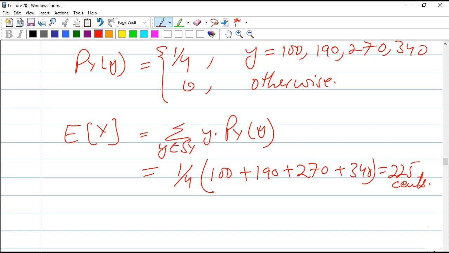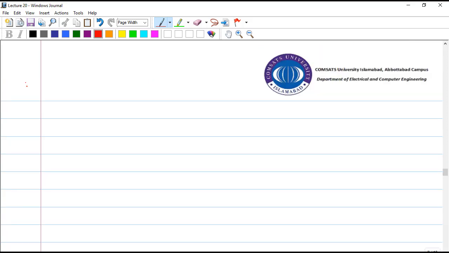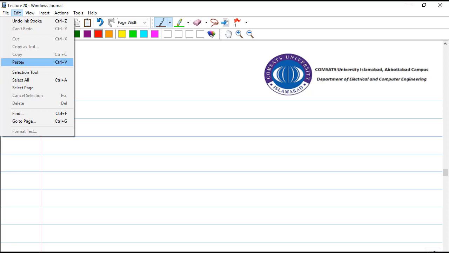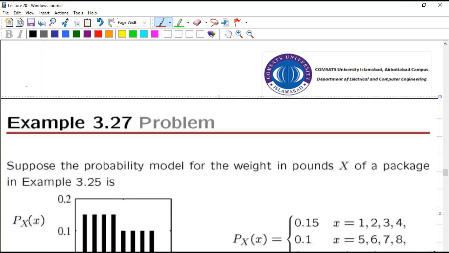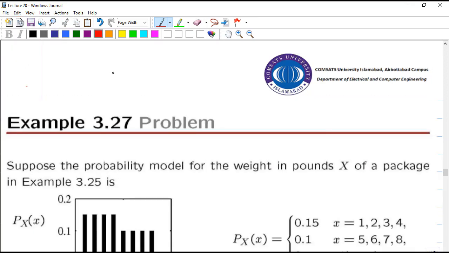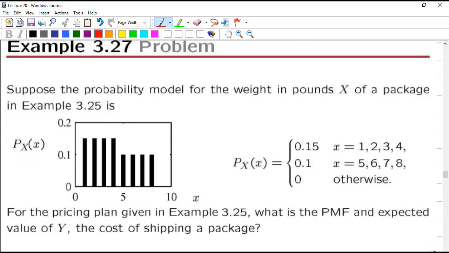Now let's look at another scenario in another example. This is example 3.27. It says that suppose the probability model for the weight in pounds x of a package in example 3.25 is, now we have defined this PMF of x.